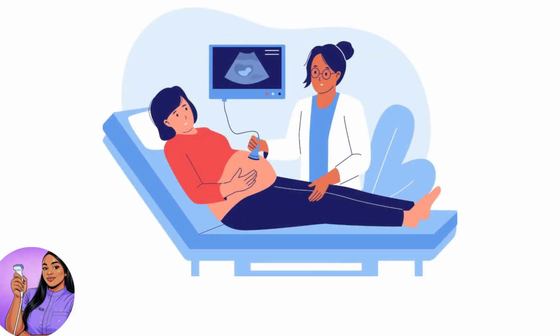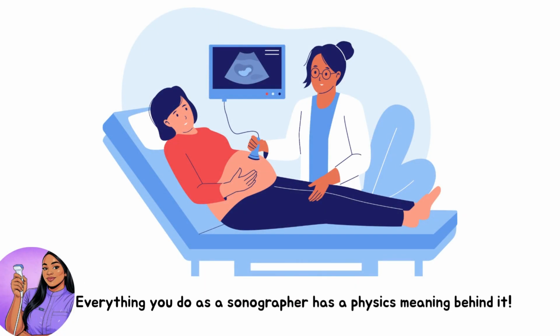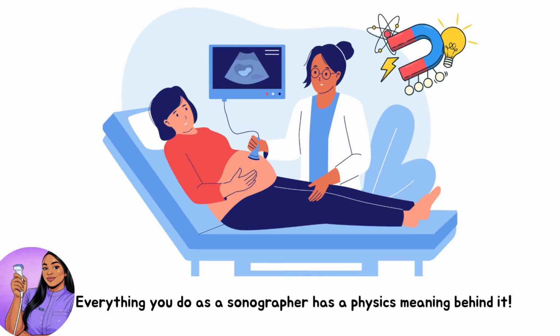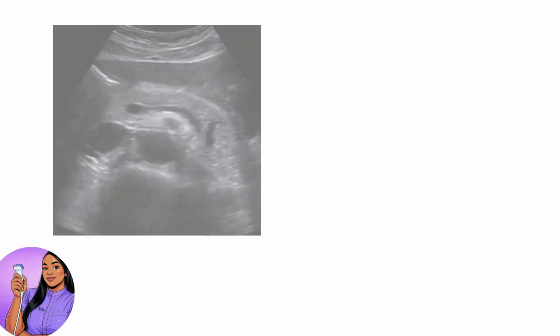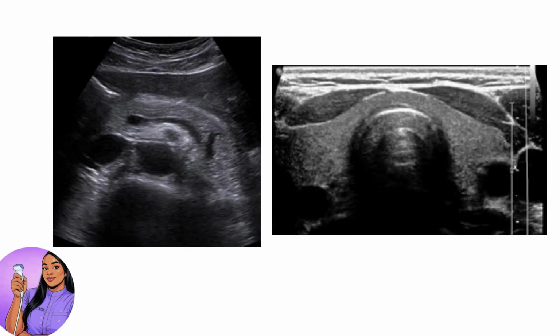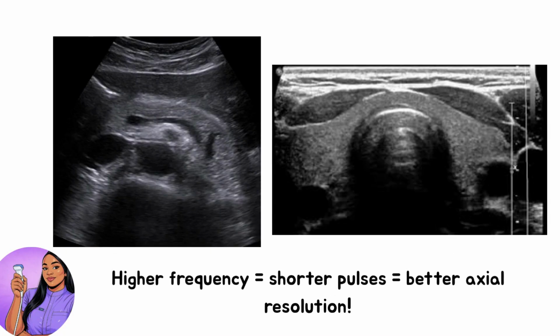So, here's the big takeaway: you are not just taking pictures. Everything you do as a sonographer has a physics meaning behind it, even if you don't realize it when you're scanning. Like when you're switching from a lower frequency abdominal probe to a high frequency linear one to scan the thyroid, and that image suddenly pops in quality, that's not magic. That's you using higher frequency sound, which creates shorter pulses, and that's what gives you better axial resolution.